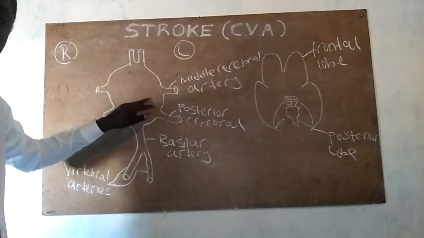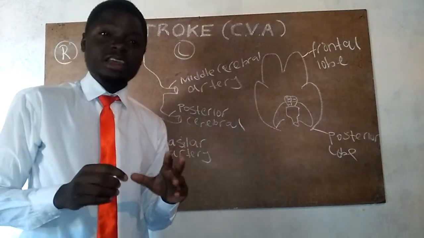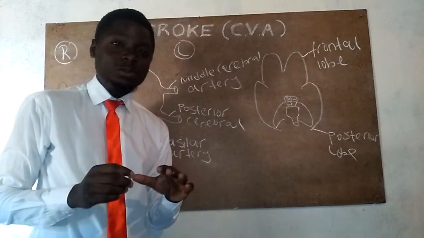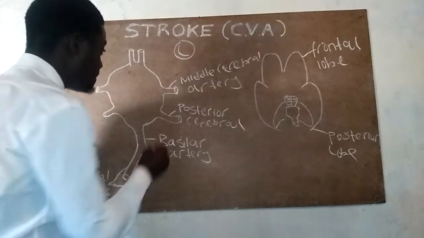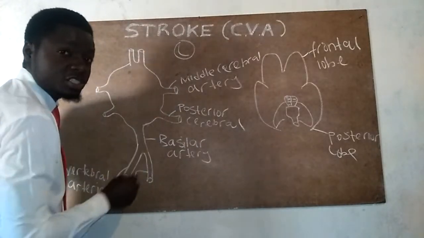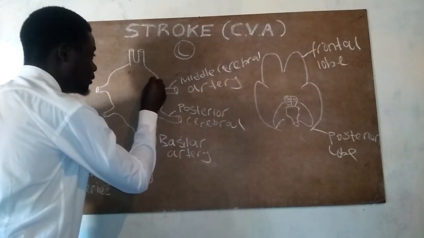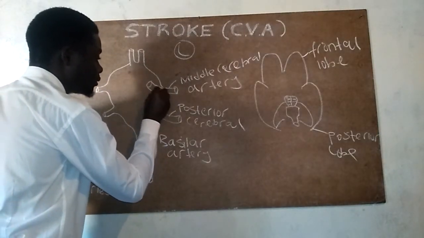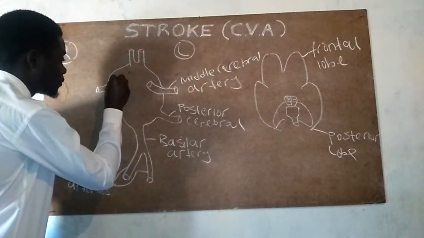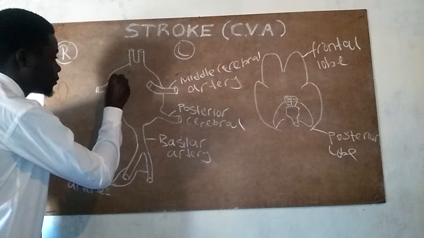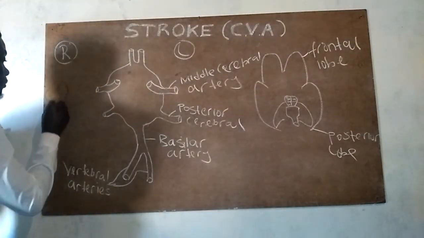The middle cerebral artery joins in with the internal carotid artery, which comes from the lower part of the body. So there's going to be a branch of the carotid artery. So this is the carotid artery, and even here. All these two are called the carotid arteries.